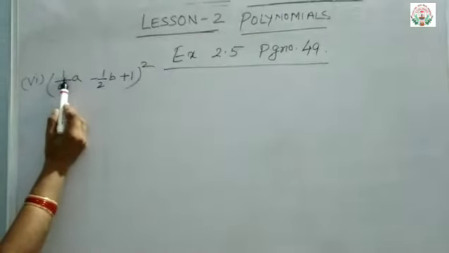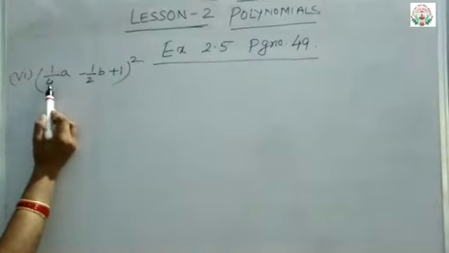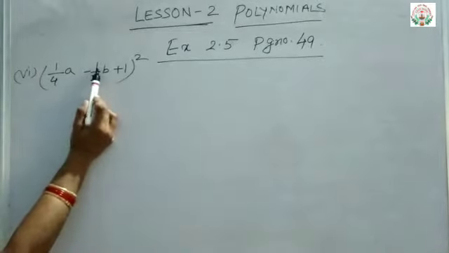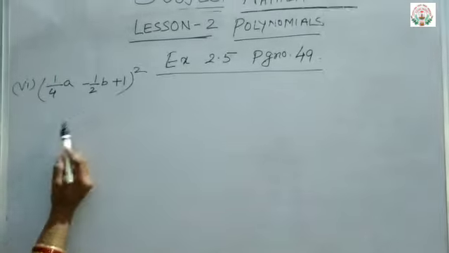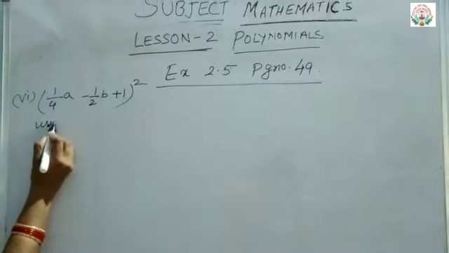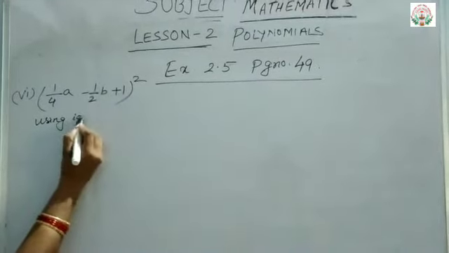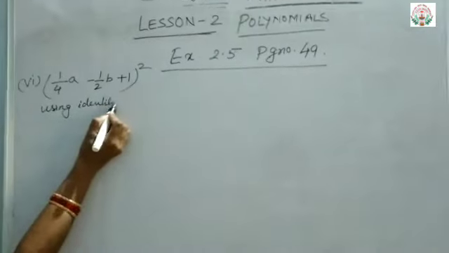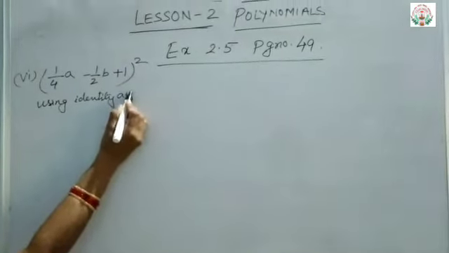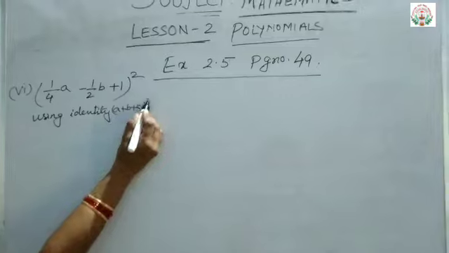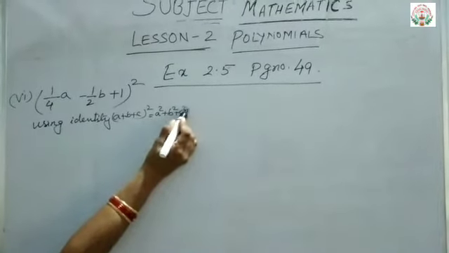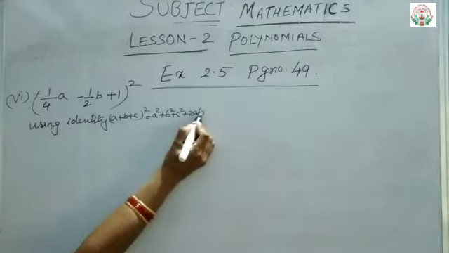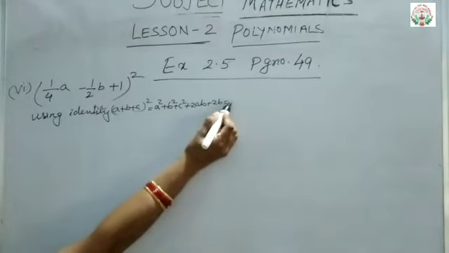That is (1 by 4 a minus 1 upon 2 b plus 1) whole square. So using the identity, the same identity we will have to use everywhere now in this question. Okay, that is (a plus b plus c) whole square equals a square plus b square plus c square plus 2ab plus 2bc plus 2ca.